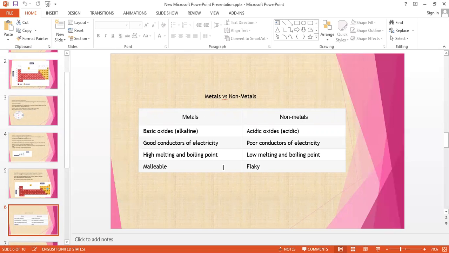High melting and boiling points are the metals, and low melting and boiling points are the non-metal. Malleable and flaky.